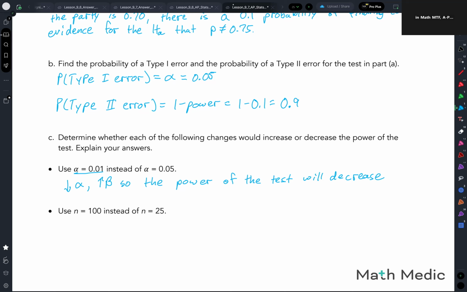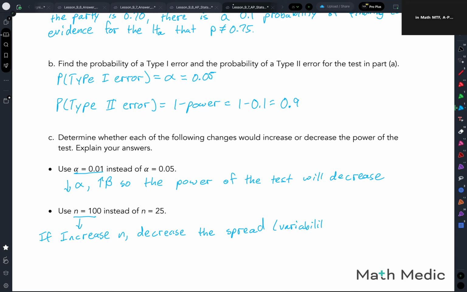All right, if we use n equals 100, so remember, pretty much any time you increase n, that means we're going to decrease the spread, also known as variability.